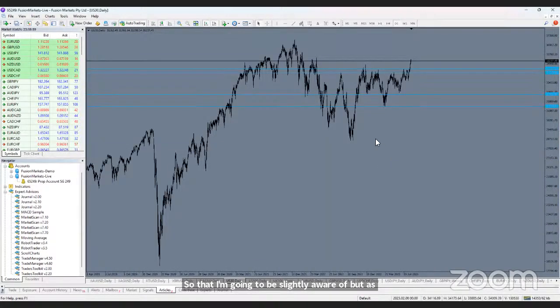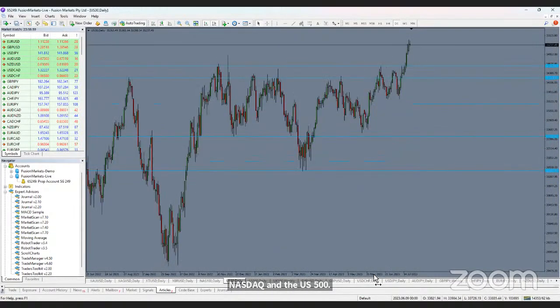The US 30 hasn't been performing as well as the other two major US stocks, the NASDAQ and the US 500. But the last few days, last week really, it broke well above this area of resistance here, which it was really struggling with. And since then, it's been pretty bullish.